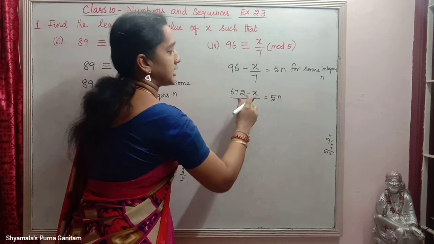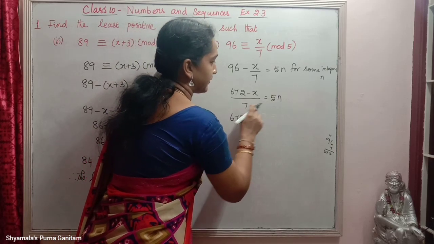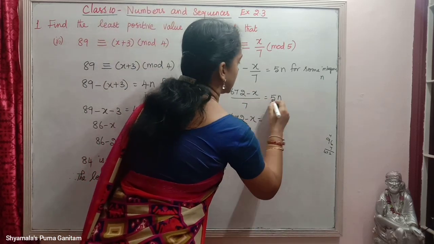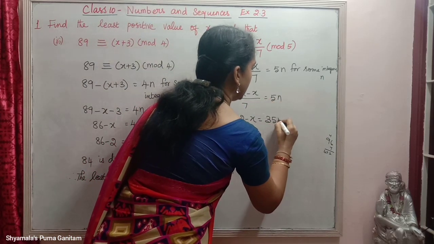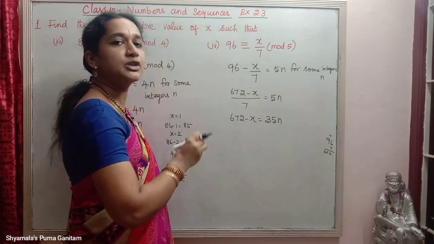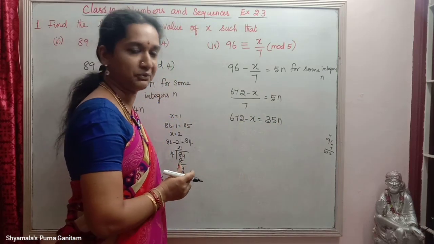So 672 minus x is equal to 5n times 7; when I cross multiply, it will be 35n. Here I have to substitute a value for x such that it is divisible by 35.